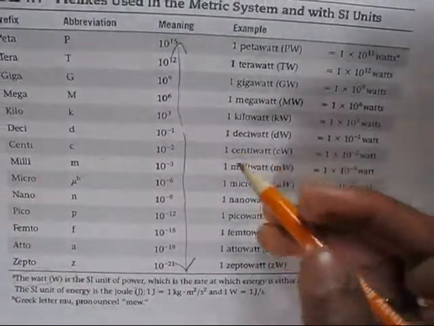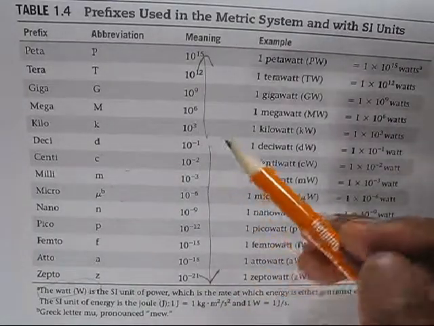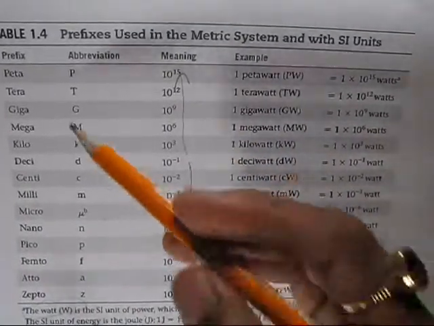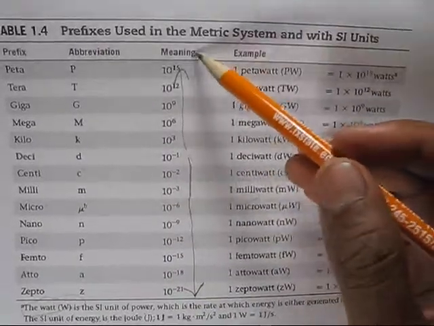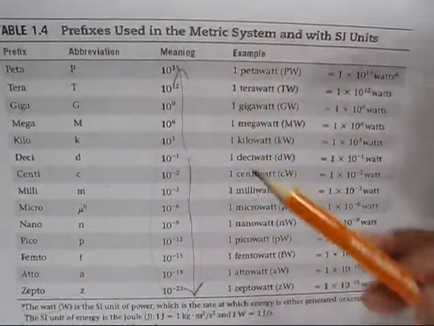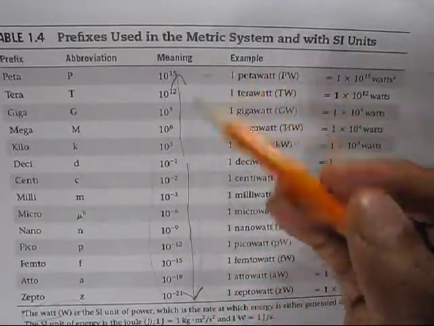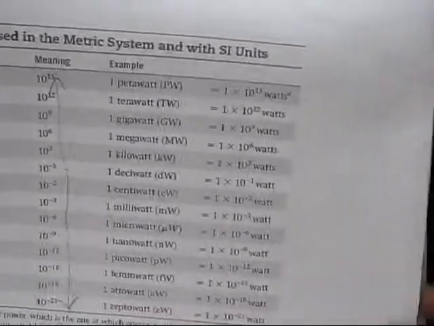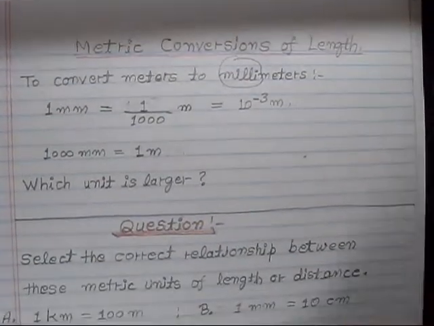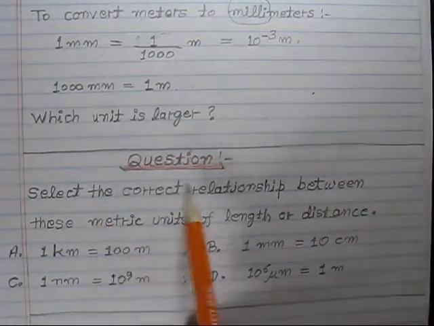These are the prefixes you will see in calculations. If you see these prefixes, you have to use these values as 10 to the power minus 3, minus 1, or plus 3, plus 1. So keeping this in mind, let's solve this question.